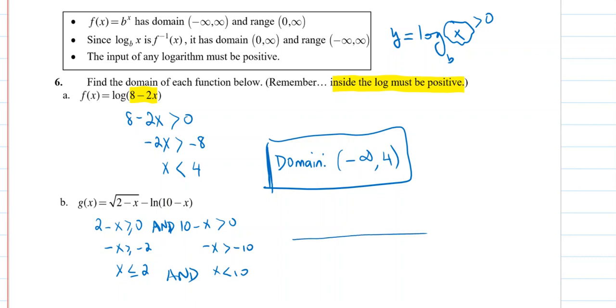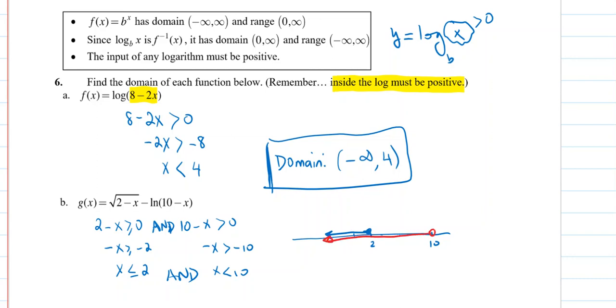So if I put these two sets on the number line, let's say here's 0, here's 2, 3, 4, 5, 6, 7, 8, 9, 10. X less than or equal to 2 is this set. And I'll do the other one a different color. X less than 10, remember that means I have a hole at 10, is this set.